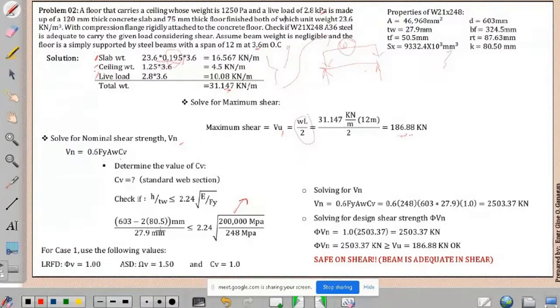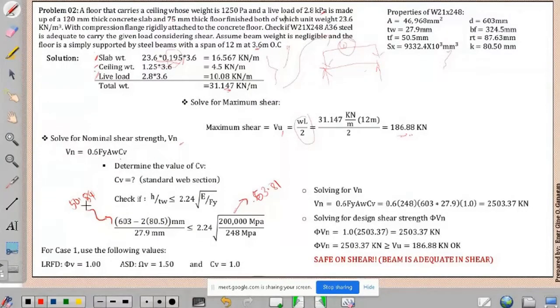603 minus 2 times 8.5 over 27.9. Ilan ito? So, paki-solve nga ito. 15.84. Tapos ito, 63.61.